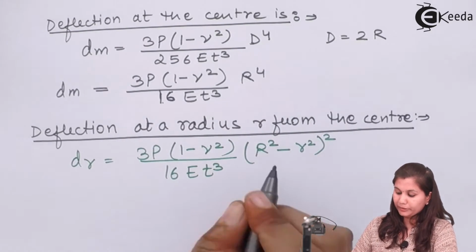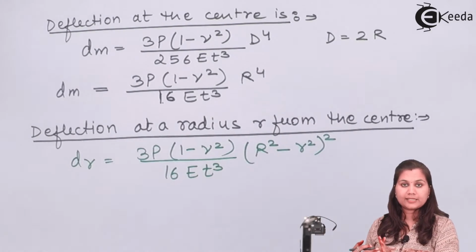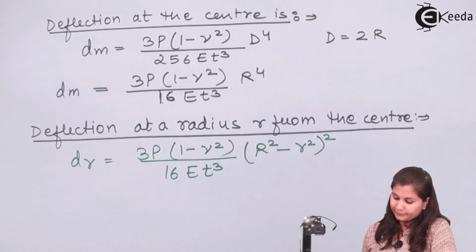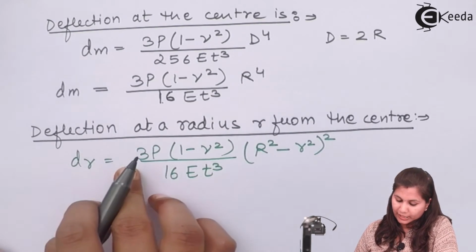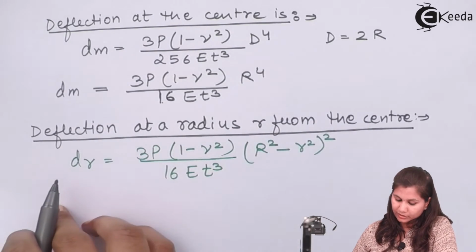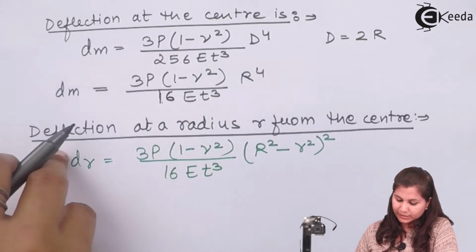Because the radius is at a distance r from the center, so this is the deflection at a radius r from the center.